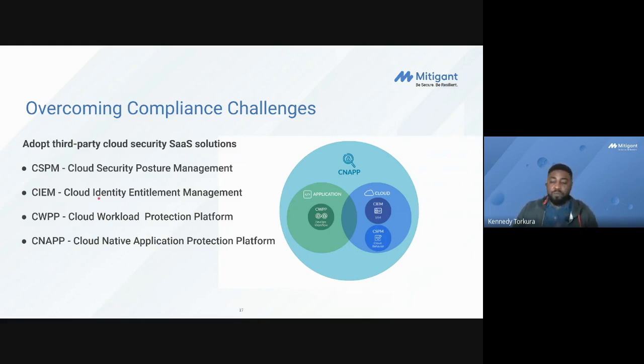I won't go through describing what all of these tools do, but essentially, as you see in this diagram, there is an overlap of what these tools do, and the AWS services actually perform some of these duties. The major difference is that these third-party tools go much deeper.